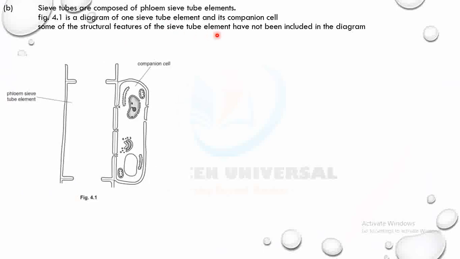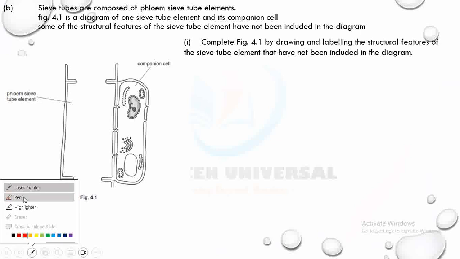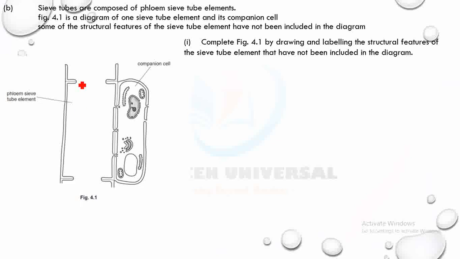The question says, complete Fig 4.1 by drawing and labeling the structural features of the sieve tube element that have not been included in the diagram. So I want you to pause this video and complete it.